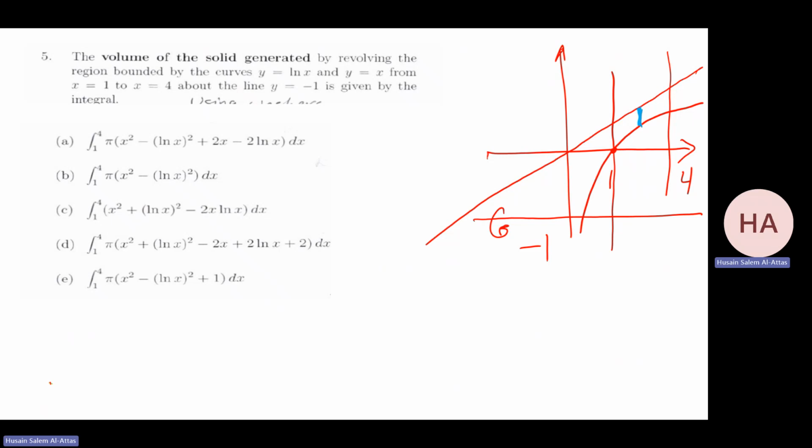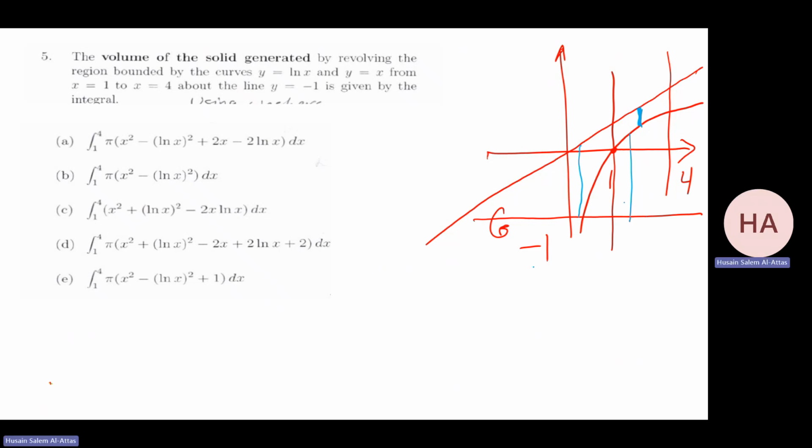This is what I'm looking for, but about this line. So I want to find this up to here minus this, up to here.